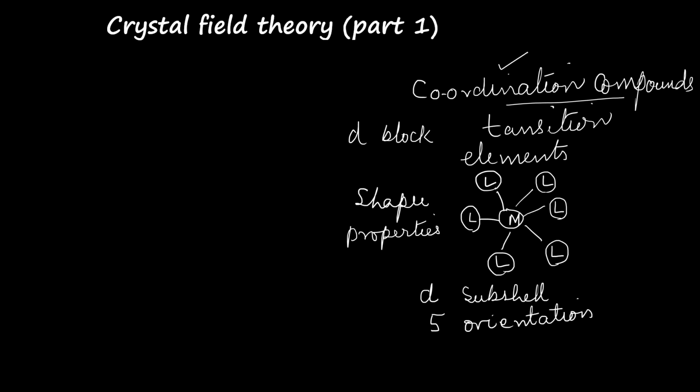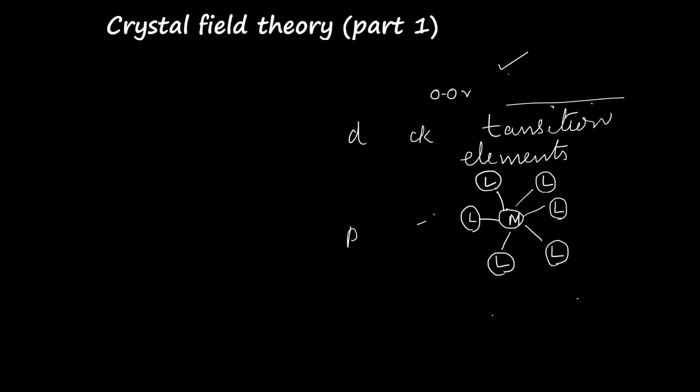Therefore, in order to understand the metal ligand bonding in coordination complexes, it is very essential to understand the direction of these 5 orientations of the D subshell of the central metal atom. You are already familiar with the 3 coordinates x, y and z and its direction.